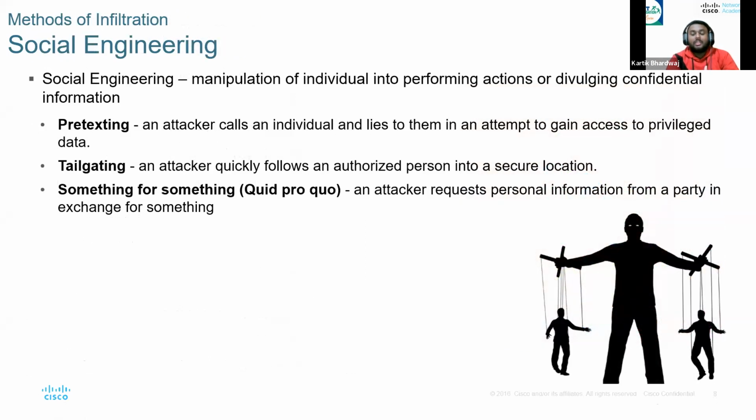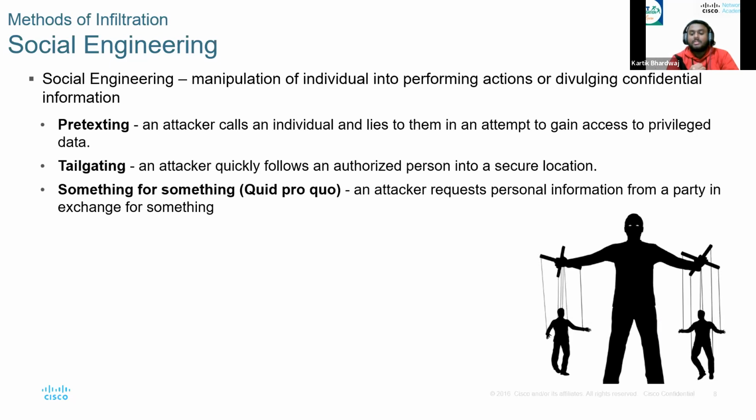Then we have a different kind of attack that attackers use, which is a kind of manipulation. See, before a malware attack, an attacker has to contact you. And to contact you, he has to somehow manipulate you into giving him information or accepting his attack. That manipulation of an individual is called social engineering, where an attacker will call you and talk to you in such a way, either threaten you, sweet talk you, or give you some kind of reward.